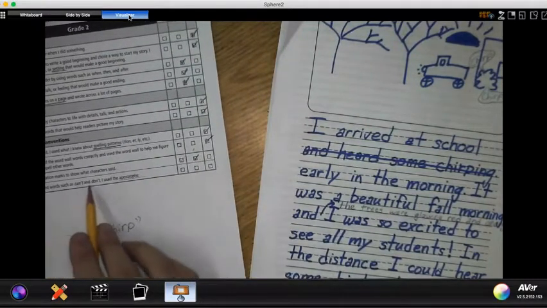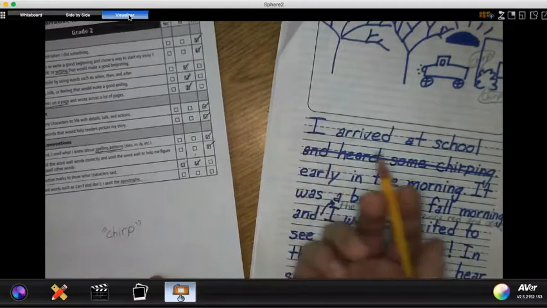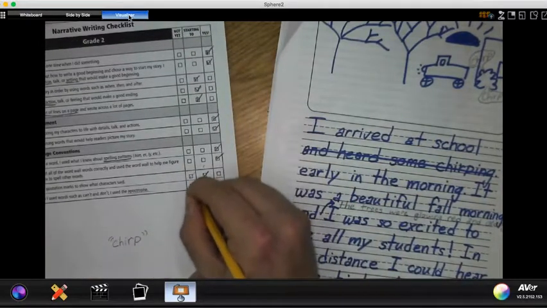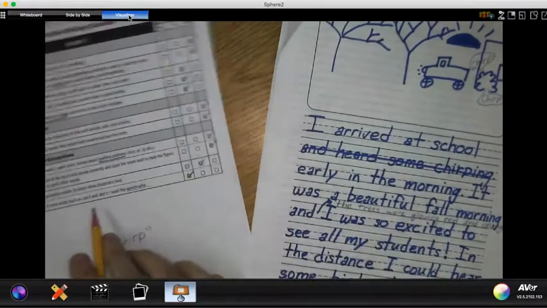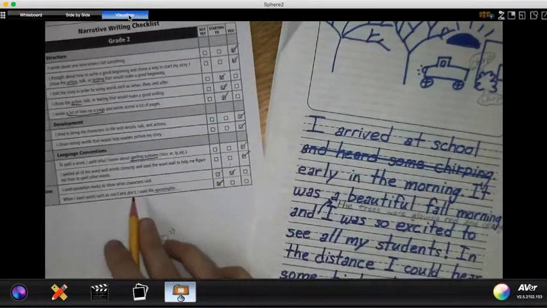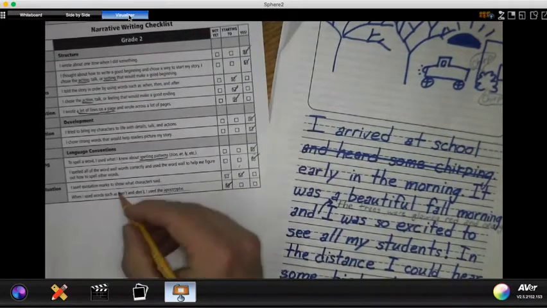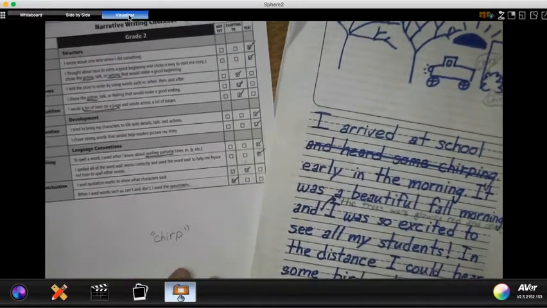When I use words such as can't and don't, I use the apostrophe. I didn't use those words, so I'm going to say not yet. But if you don't use those words in your writing, I can't grade you on that. So only if you're using those contractions, you should be using those apostrophes, and that's what I'm going to be looking for.